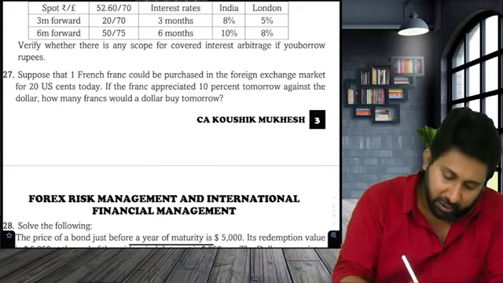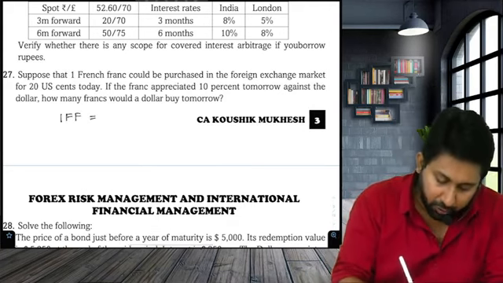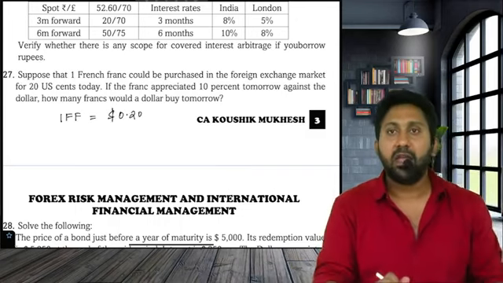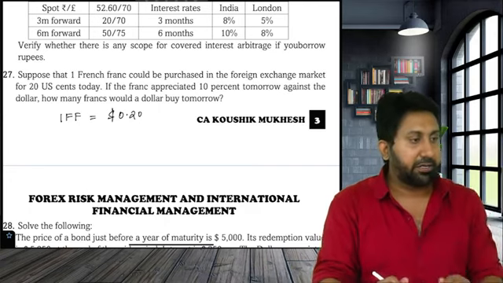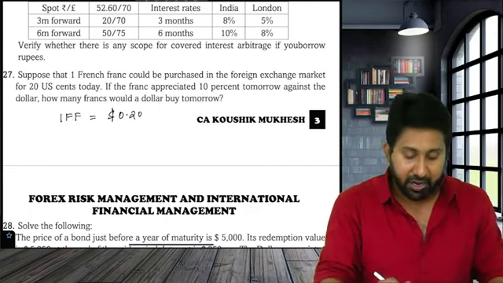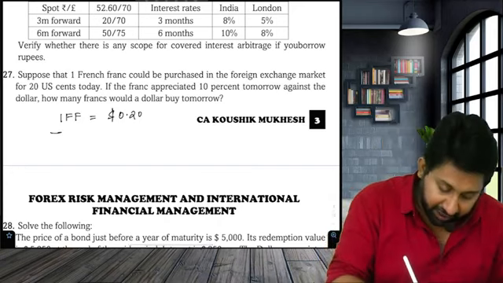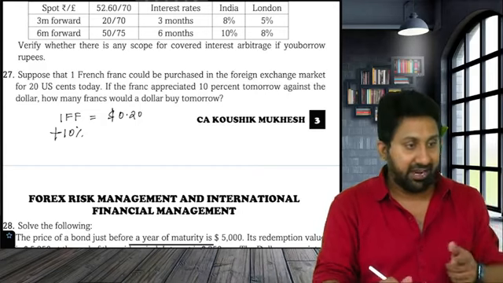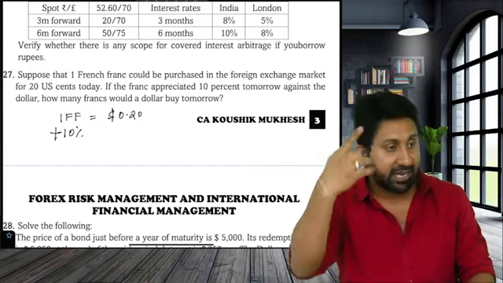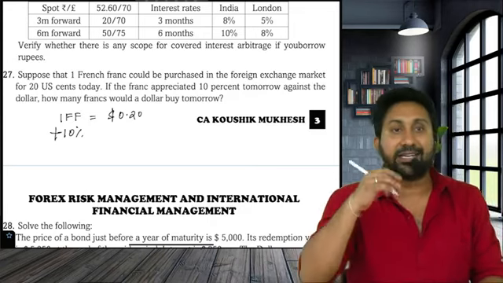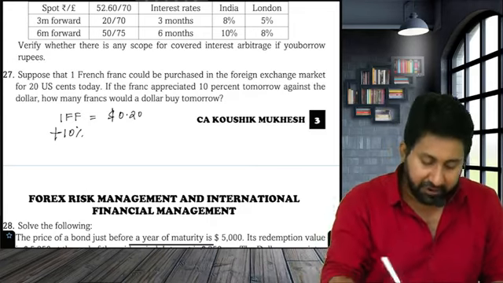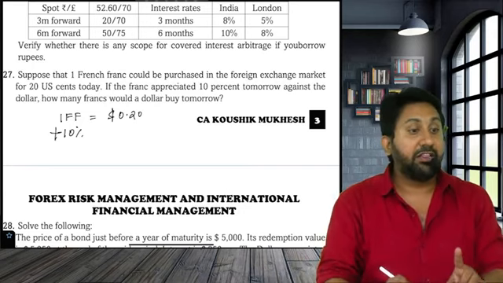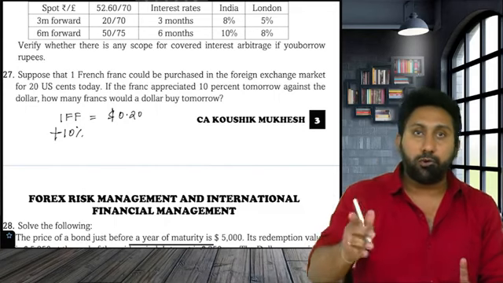What he said: one French franc could be purchased for $0.2 today. The franc appreciated. Whenever I say the franc appreciated by 10%, you should not add that to the franc. You should add that to the opposite currency. Means 1 franc equals $0.2. Franc appreciated means today with 1 franc I can buy only $0.2.